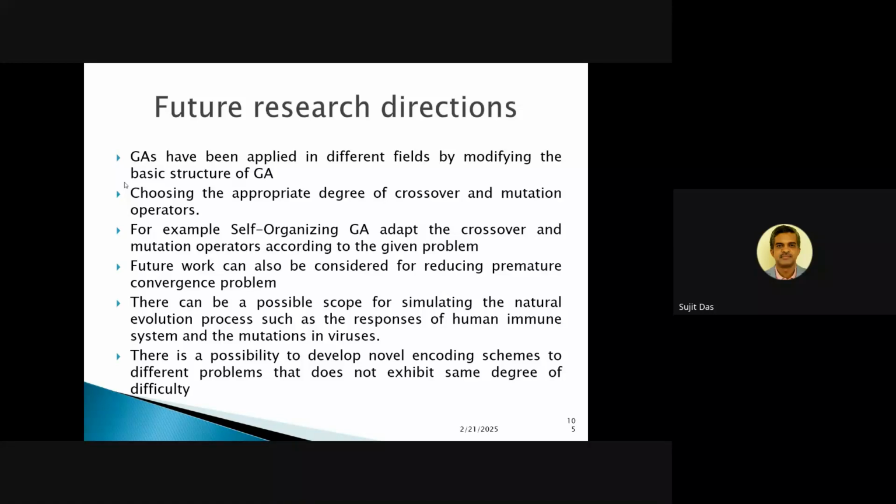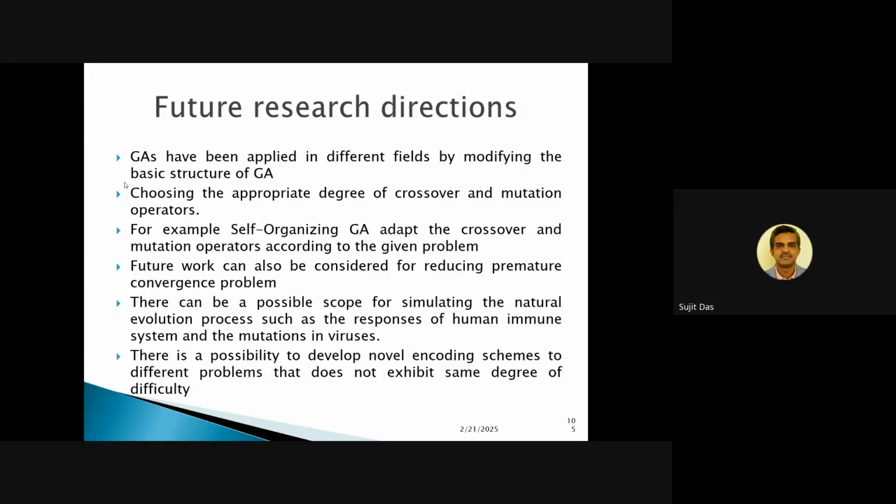Now, there are multiple future research directions for genetic algorithms. Whatever I told regarding crossover and mutation, you can apply reinforcement learning, a well-known machine learning concept, to determine the fitness, crossover probability and mutation probability.